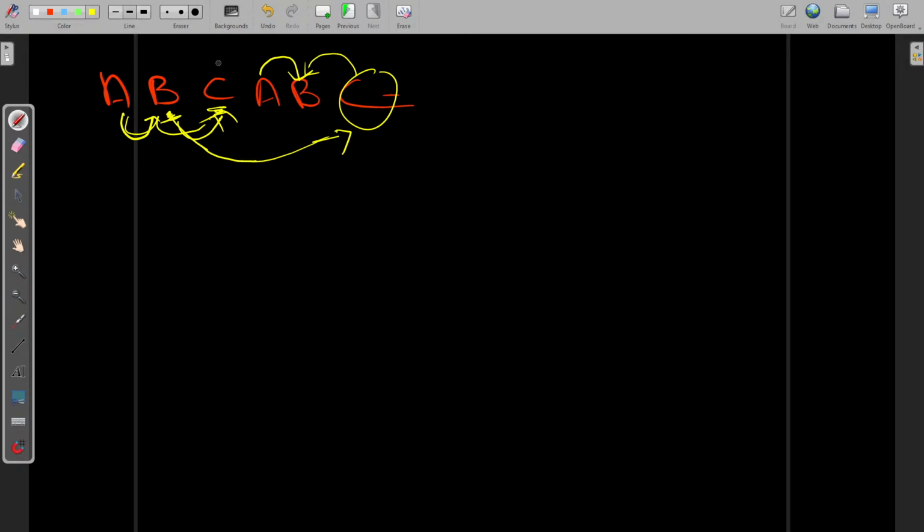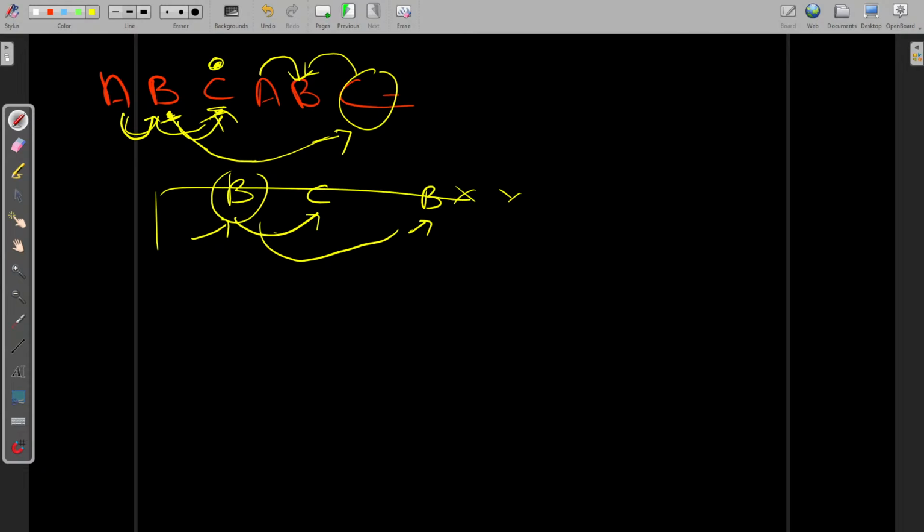Earlier our logic was that if I select a B from here and a B from here, then this B will have so many options to pair. There can be a C over here, but there is no C anywhere. So if I select this B, then I will not be able to form a pair. But if I select this B, then this B and this C together can form a pair. So that was one of our logic.